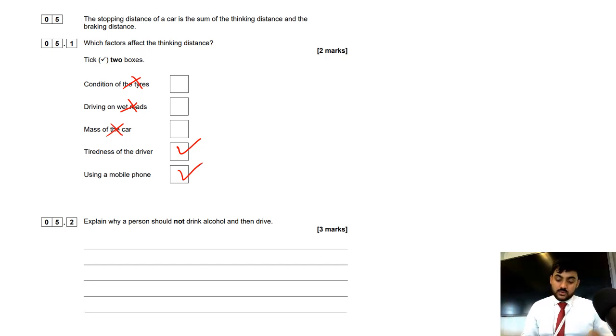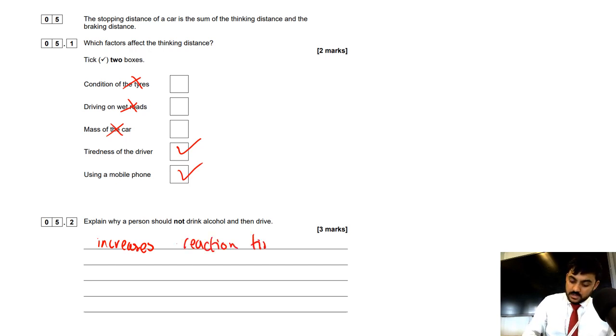So to get those 3 marks, you need to get those 3 points down. It increases a person's reaction time. If their reaction time increases, it increases thinking distance.